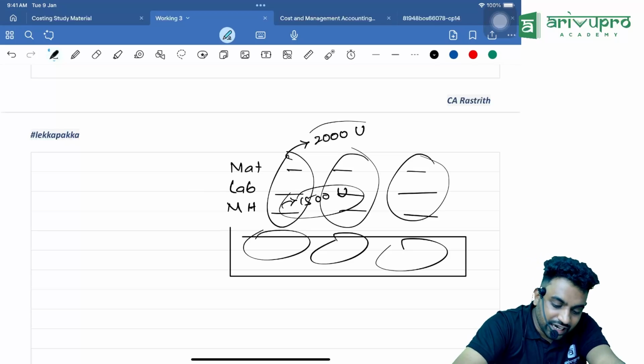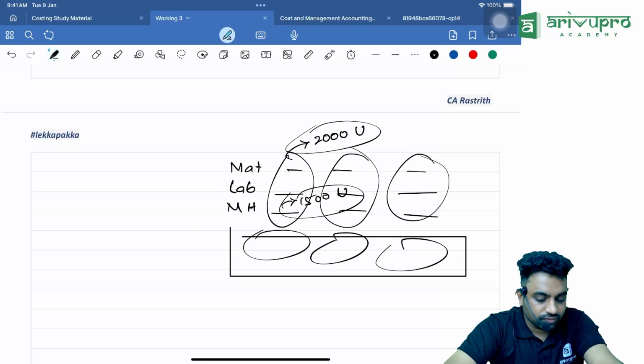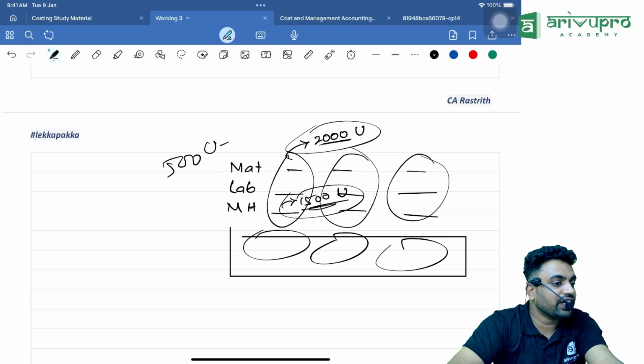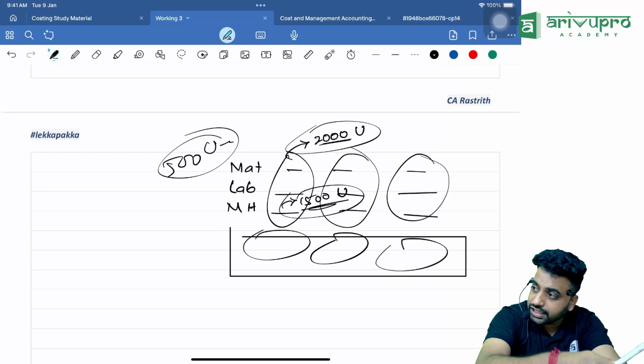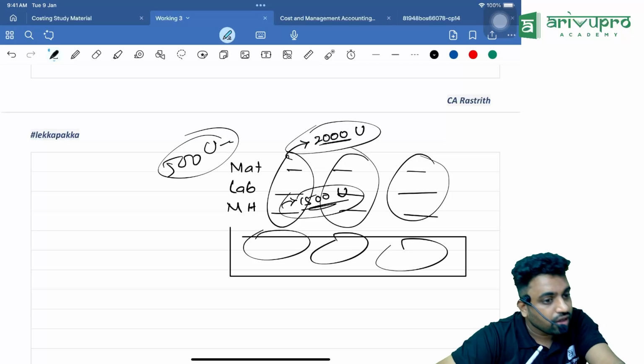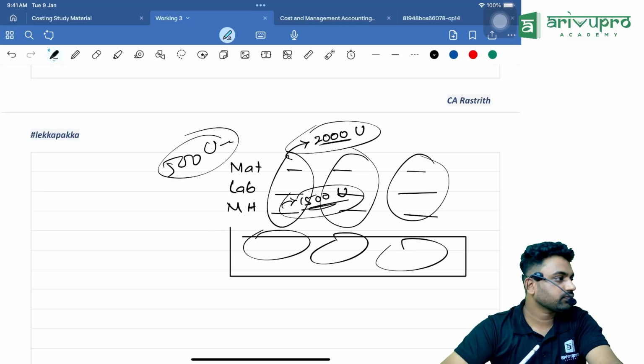Now let's say you selected 2000, but you use 1500 machine hours. You are taking a decision on a 2000 unit basis, but from where can you produce 500 units? Material is available, yes sir. Labor is available, yes sir. Machinery is available? Will it become finished goods?